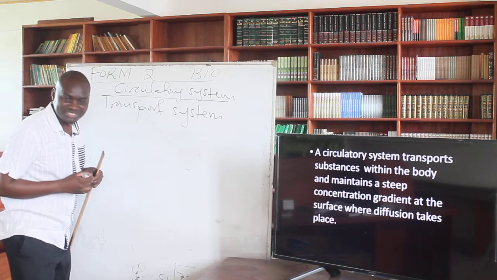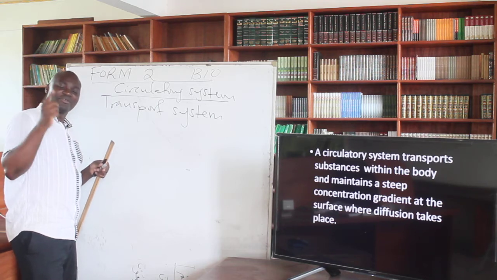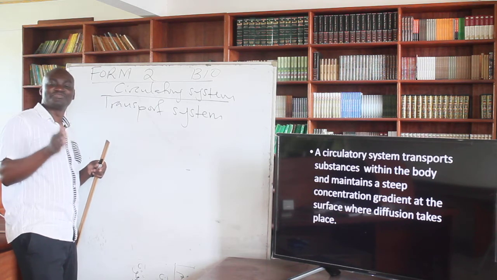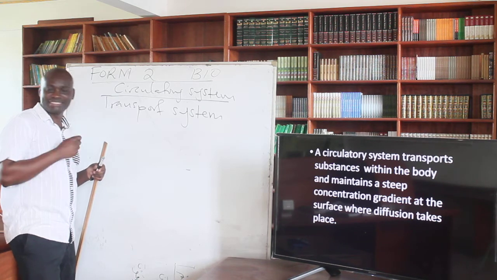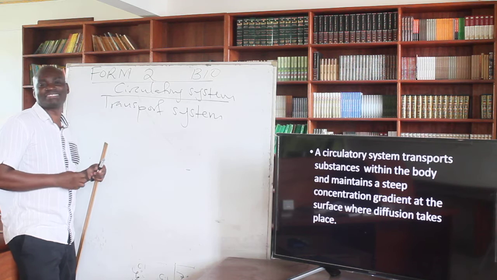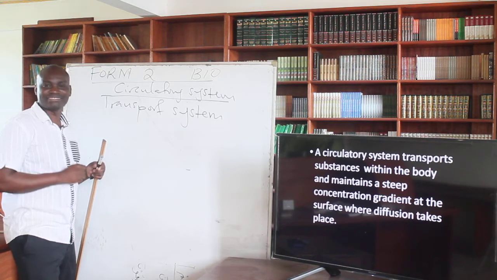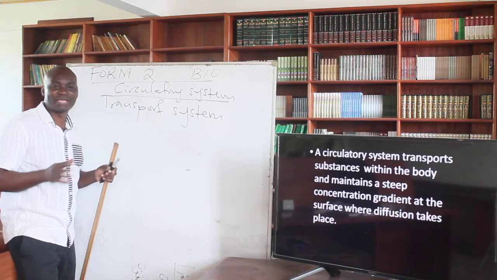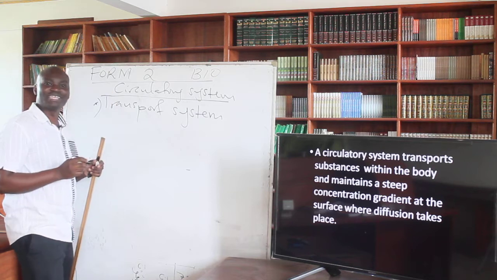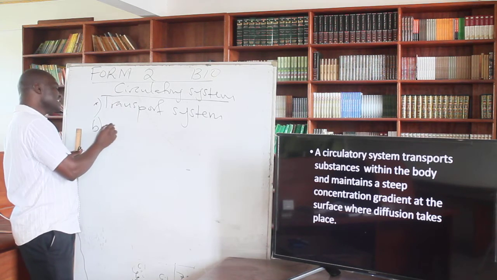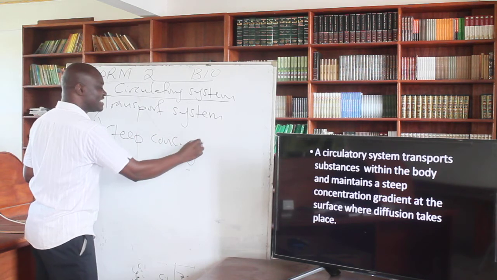If it is a transport system, then it must carry or transfer materials from one part of the body to the other. These materials can be nutrients, hormones, enzymes, waste products. Second, a circulatory system must maintain a steep concentration gradient.